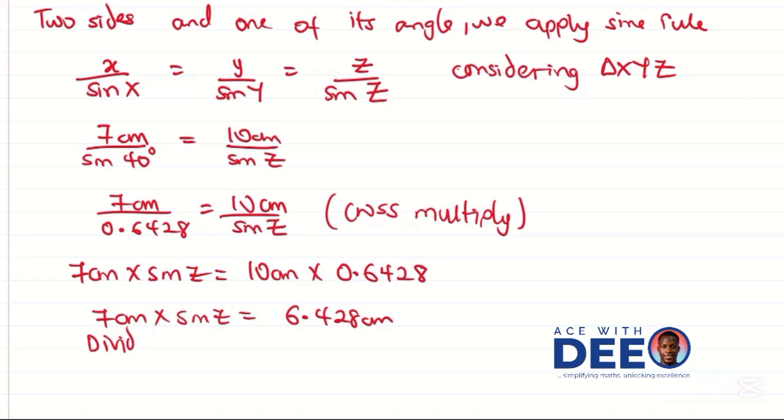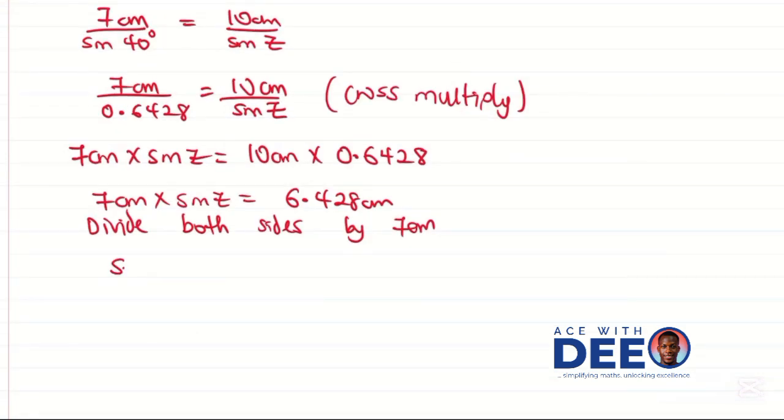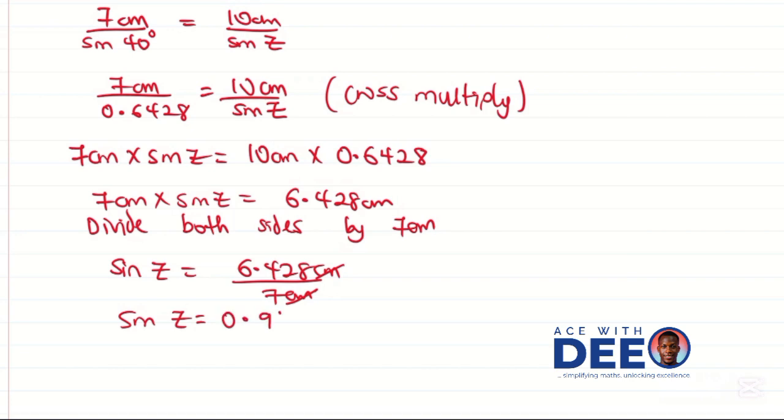So I'm going to divide both sides by 7 centimeters, which leaves me with sine Z equal to 6.428 centimeters divided by 7 centimeters. Centimeters cancel centimeters. So I'm left with sine Z equal to 6.428 divided by 7, which gives me 0.9183 to 4 decimal places.